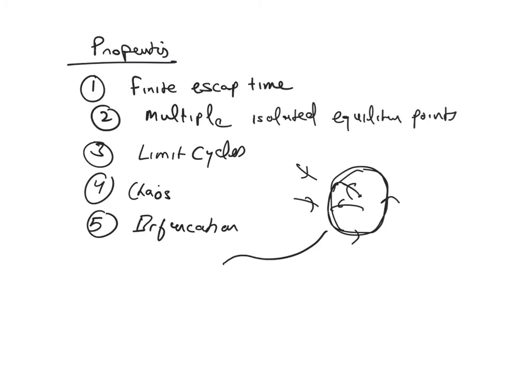So all these behaviors are not there in linear systems; they are in nonlinear systems. And even for the systems we studied, most of our derived examples were nonlinear. Okay, let's take an example and see.